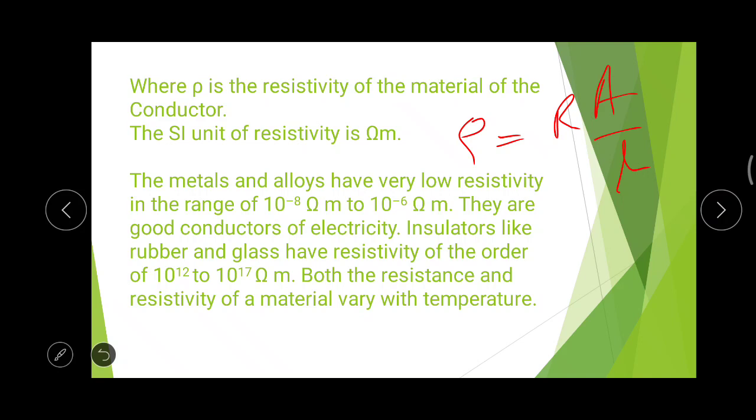Divided by the unit of L, which is meter, m square by m gives meter. That's why the SI unit of resistivity is ohm meter.